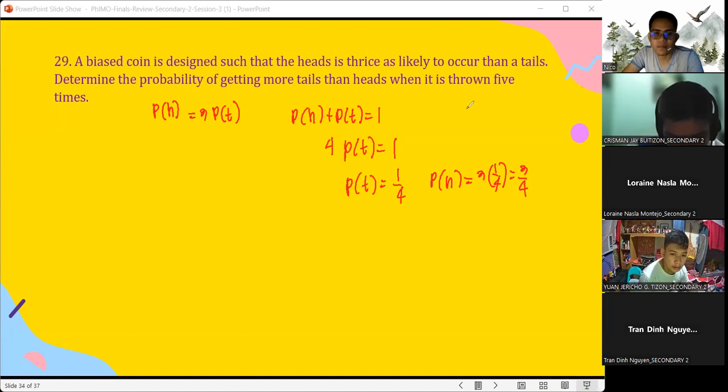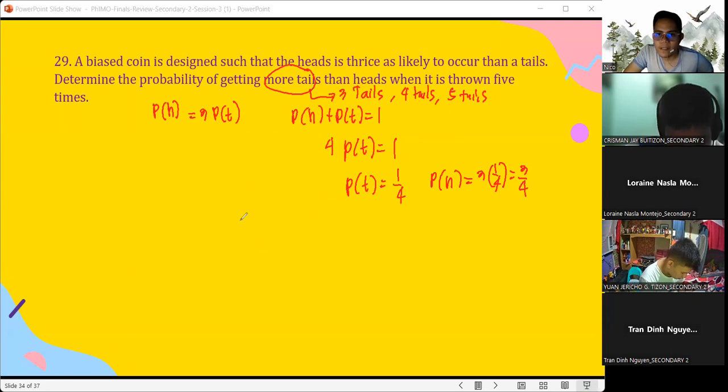Determine the probability of getting more tails than heads when it's thrown 5 times. So more tails meaning 3 tails, 4 tails, or 5 tails, right?